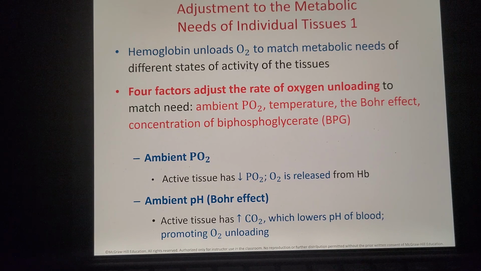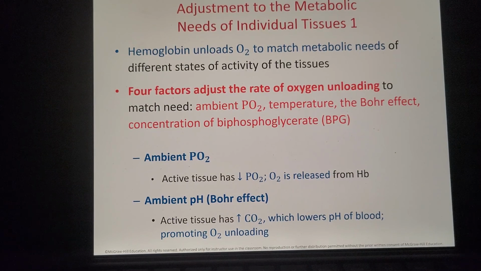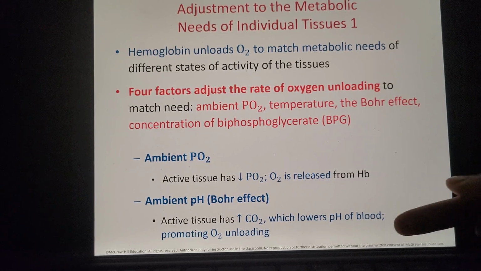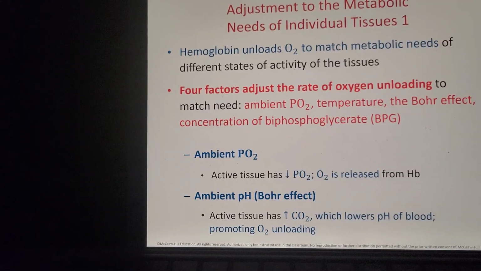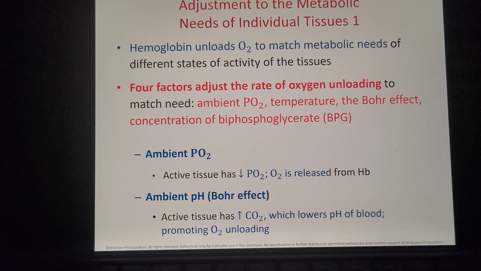We end up with our carbonic acid, which dissociates into our bicarbonate and hydrogen ions. That's going to lower the pH of the blood, so make it more acidic, and that's also going to help to increase the oxygen unloading. Basically those hydrogen ions are going to kick even more oxygen off of hemoglobin.